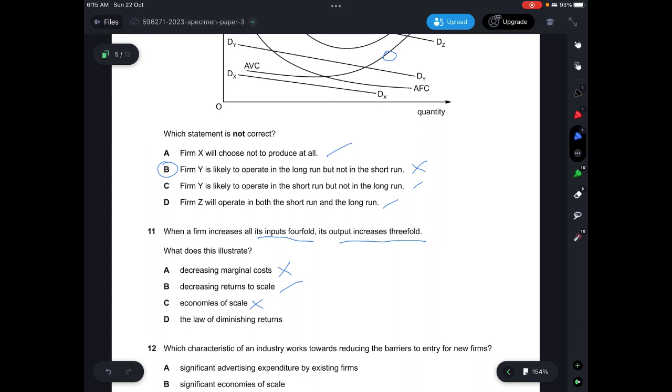The law of diminishing returns is basically when you increase your labor, given the capital that you have, you won't be able to get higher returns. Rather you're getting diminishing returns because of your limitations in your capital goods. So D is incorrect because of that. So the answer is B.